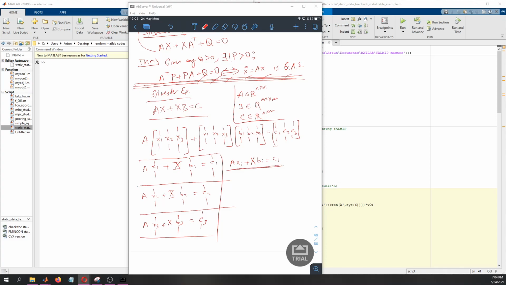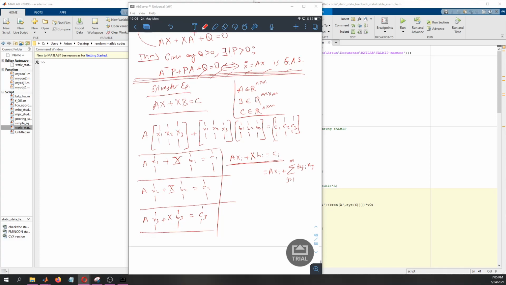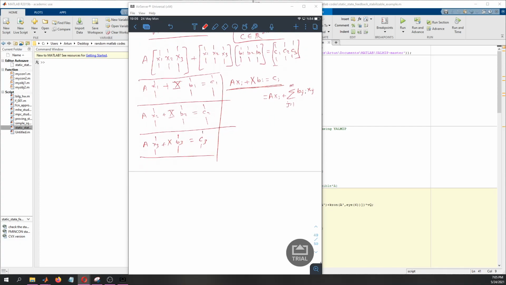And this is also equal to A x_i plus, this is the critical part, the sum over j from 1 to m of b_ji x_j.